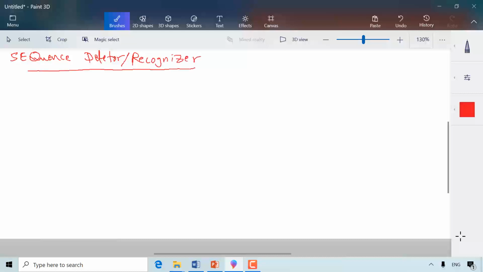I have a system where I have a wire, let's call it X, and a bunch of bits come through it.